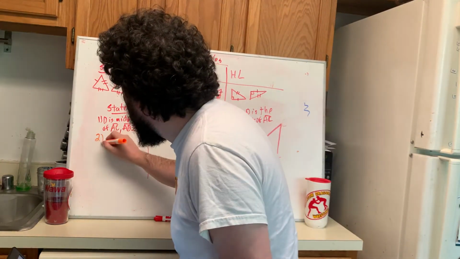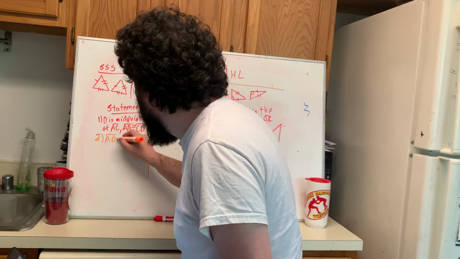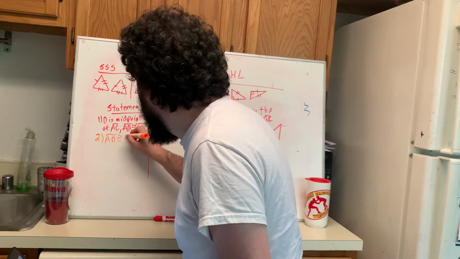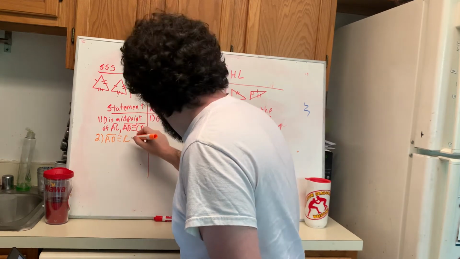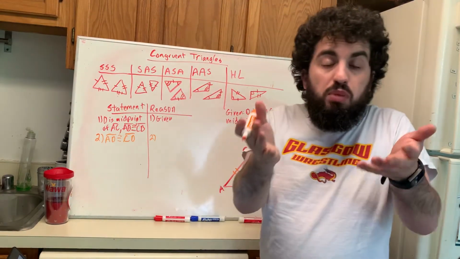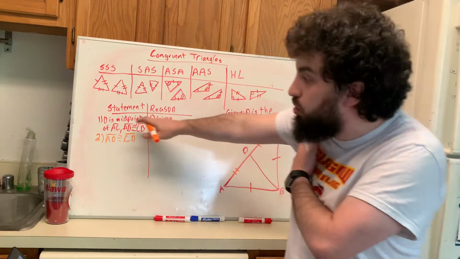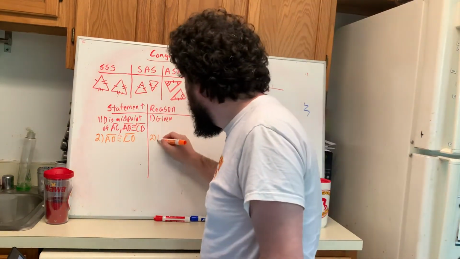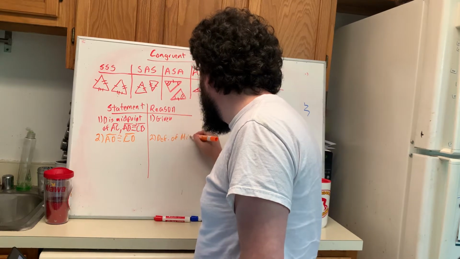So statement 2, AD is congruent to CD. And I know this because I'm told it's a midpoint. It's just the definition of midpoint. So I'm utilizing that fact. I'm just going to write definition of midpoint.